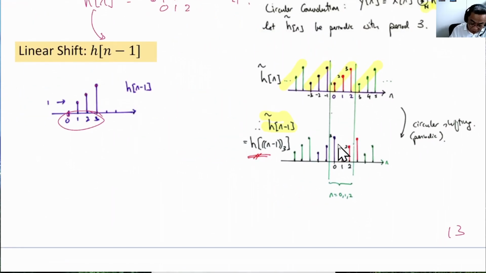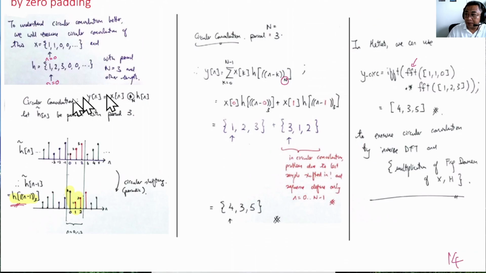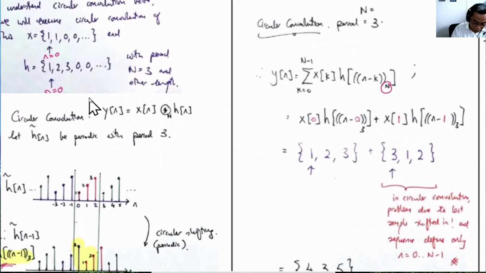Instead, this peak will be shifted into here, and h[n-1] is 3, 1, 2. And of course, this is going to cause a problem because it is not linear convolution anymore. It is circular convolution.